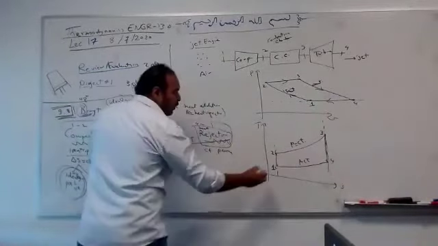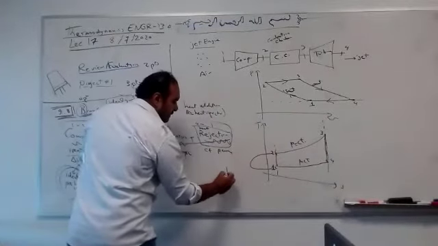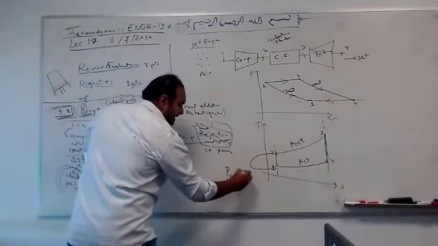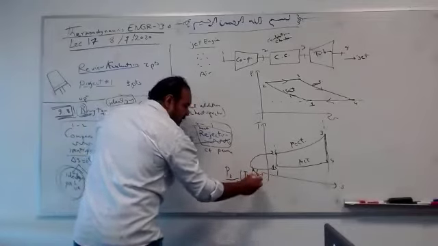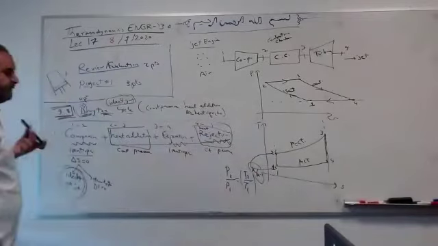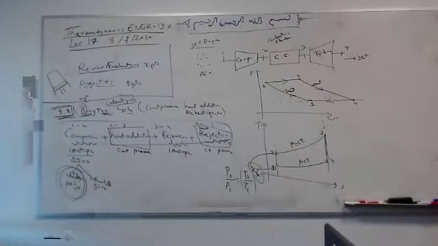Delta S is 0. For 1 and 2 isentropic, for example, P2 over P1 equals T2 over T1 to the power k over k minus 1, which is 3.5, for example, for air. The same for 3 and 4.